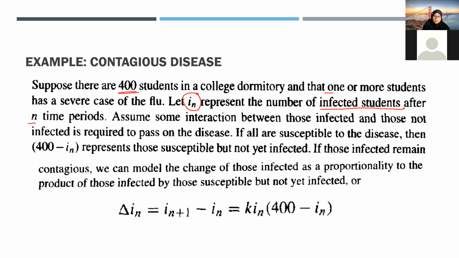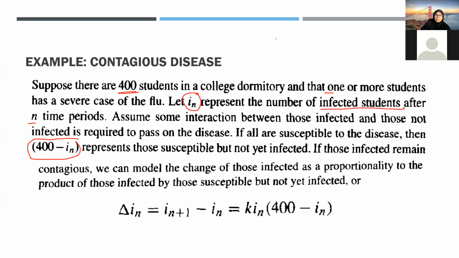And if all of the students are susceptible to the disease, for example, like DG Hisham said, kalau tak vaksin, everybody is susceptible to COVID-19 and so on. Okay, so in that case, we have 400 population, and those who are susceptible but not yet infected is this.